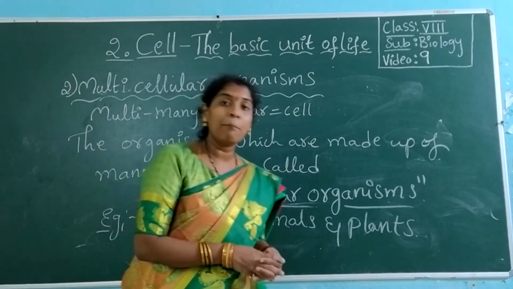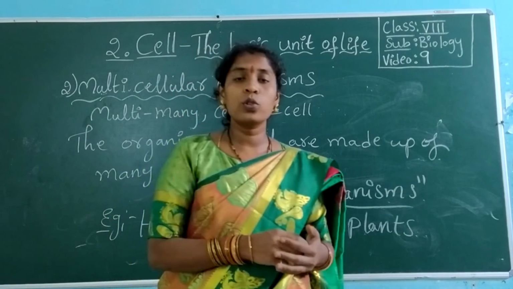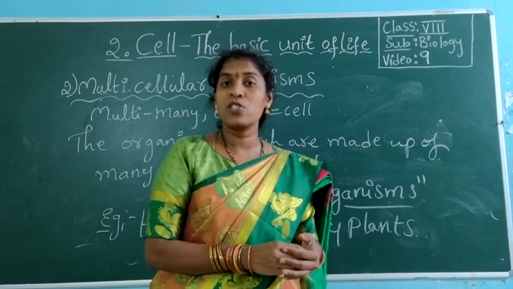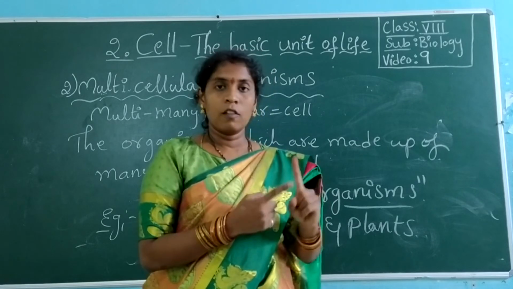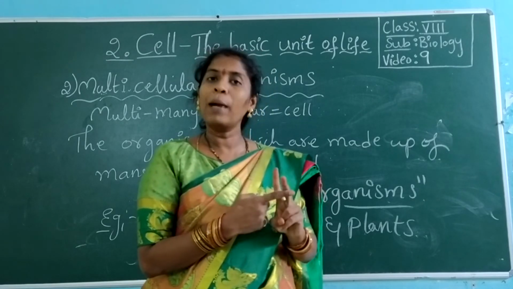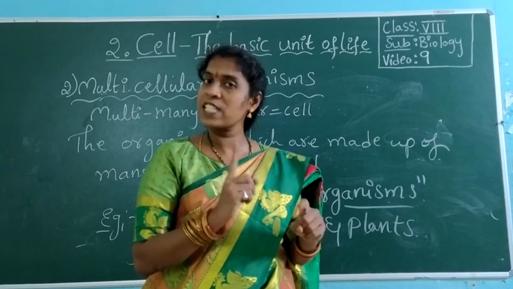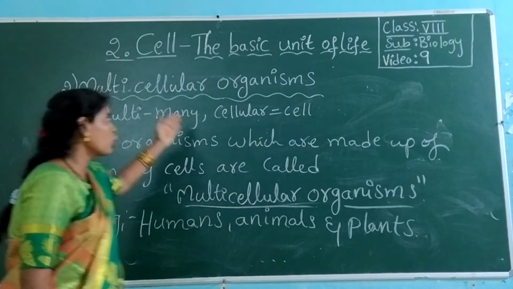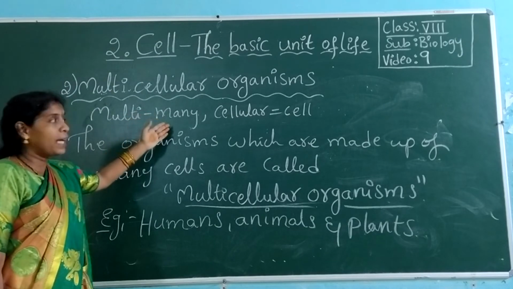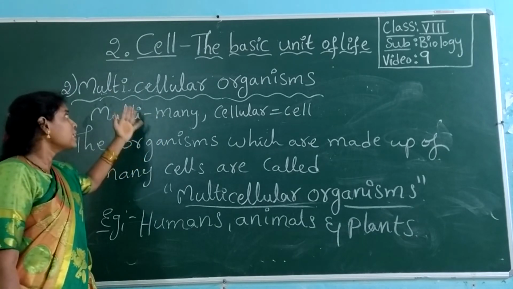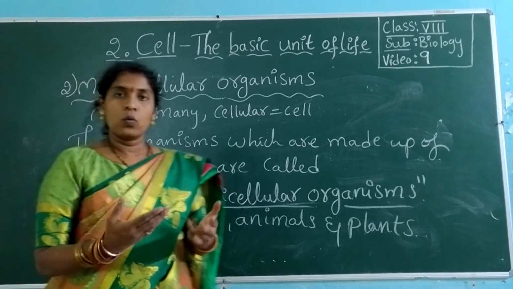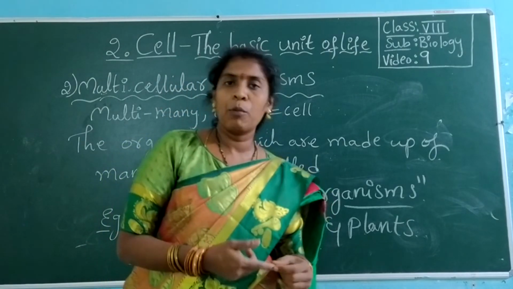So based on the number of cells, there are two types of organisms: unicellular organisms, which are made up of a single cell, and multicellular organisms, which are made up of many cells. So these are the shape, size and number of cells.